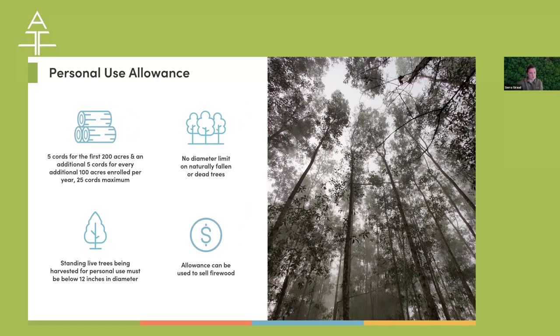Some of the restrictions we have: the trees felled for firewood must be less than 12 inches and have to be taken from the lower canopy so that we're not taking the best trees that could continue to grow. And the firewood should be evenly distributed or removed from the project area, so not in any single small area.